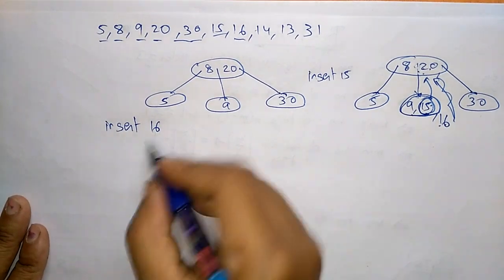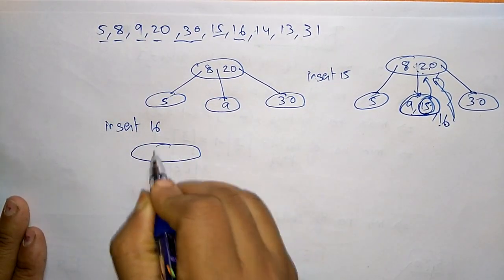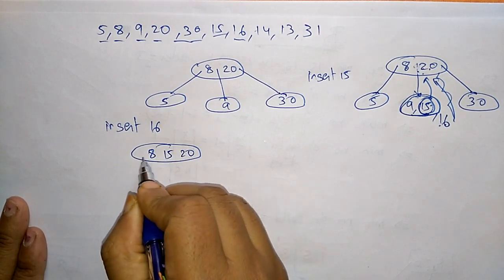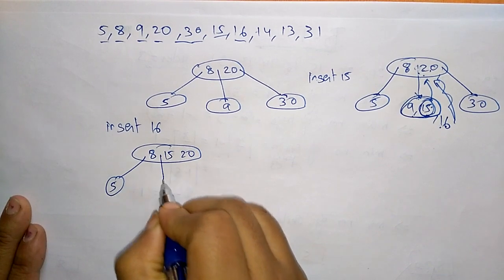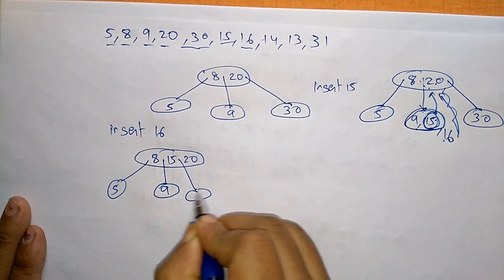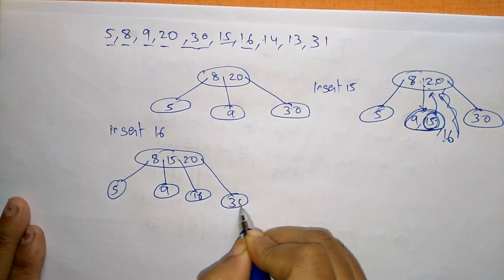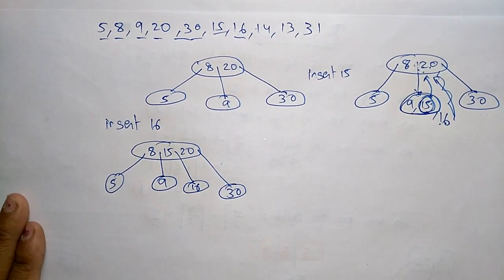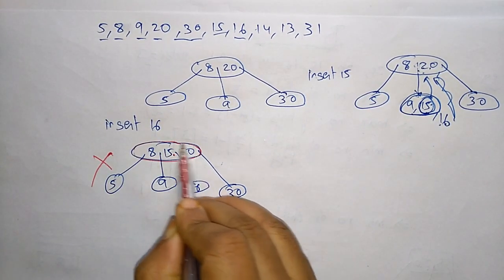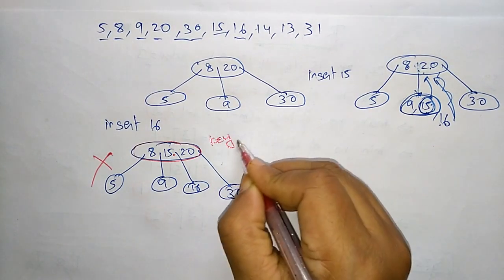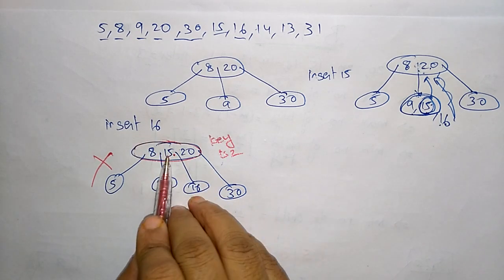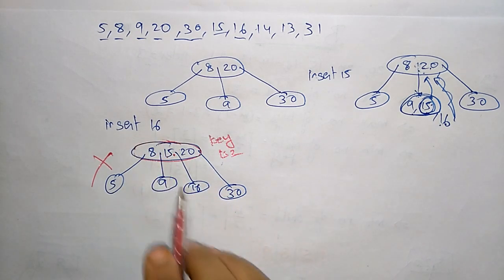If you shift it here, 8, 15, 20. So this is 5, and here it is 9, here 16, here 30. But it is wrong. Why? Because the key value is only 2, so only 2 values can be stored in each node, but here you have stored 3.